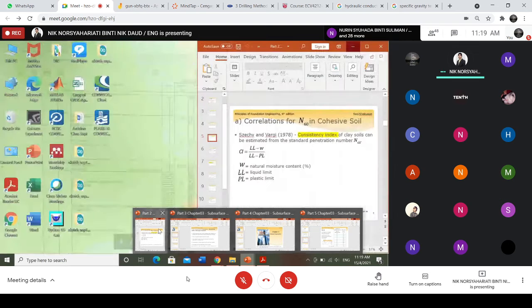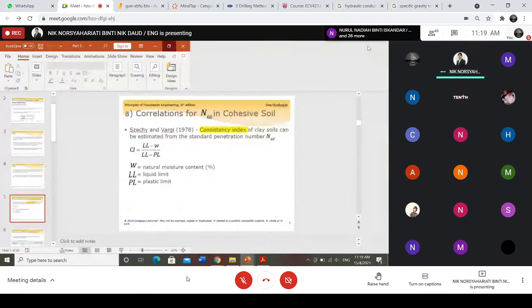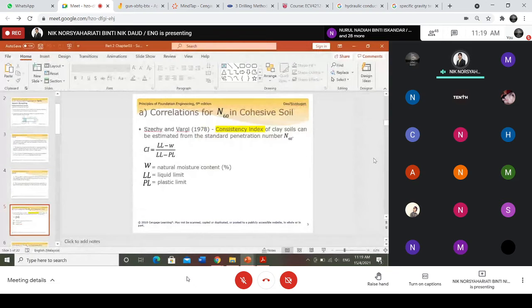Under the split spoon sampling just now, which is for the SPT test, we have a few correlations based on the N numbers, what we call N60. The first one is the correlation of N60 in cohesive soil. You know that cohesive soil is more of a clay type of soil.